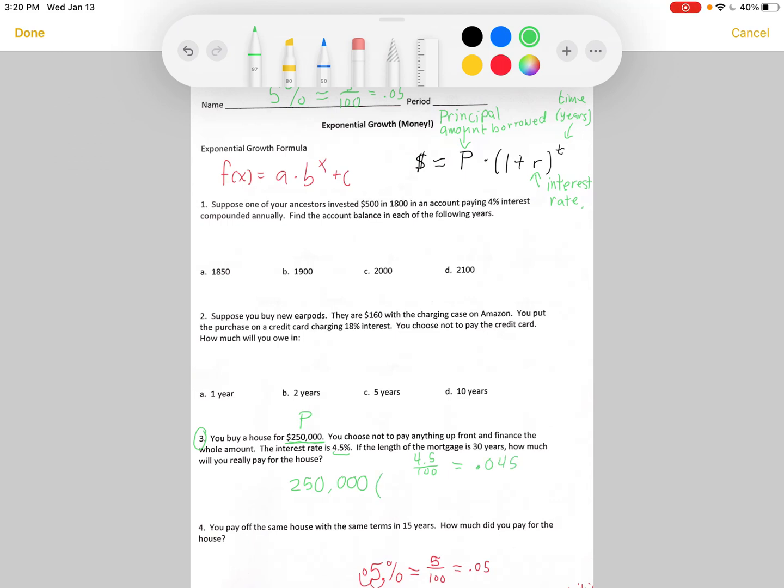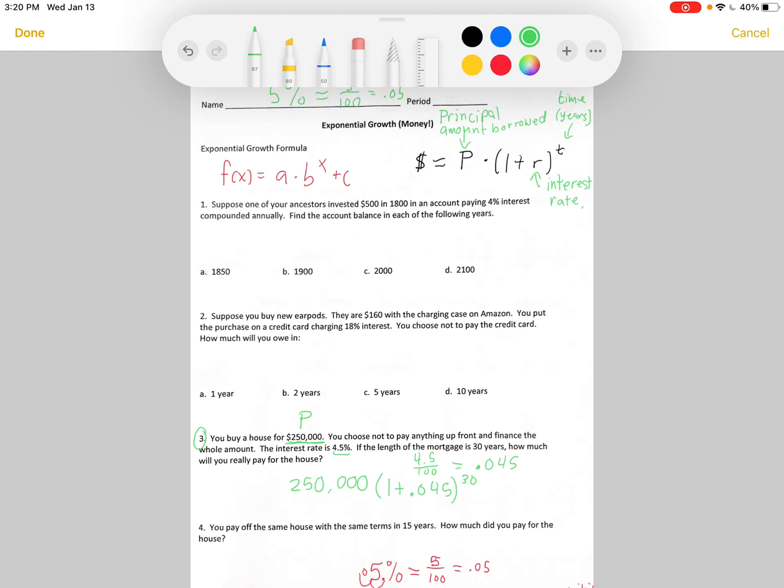So we'll introduce that with adding 1. Now let's talk about the length of how long we're going to take out the loan. That is 30 years, so we're going to have our exponent be 30. Notice t is the exponent in this case.